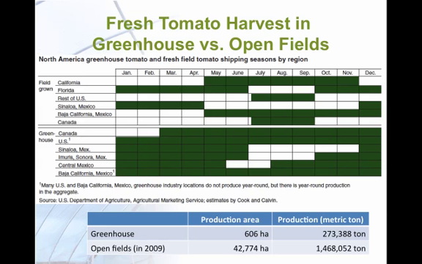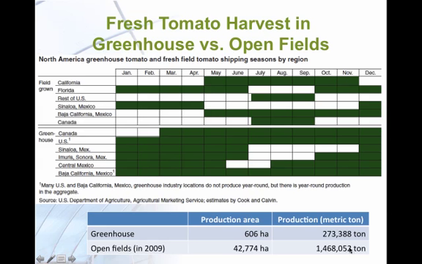So earlier in this presentation, you learned that tomato accounts for the largest area of greenhouse production in the U.S. However, it's still a very small area compared to open field. Look at that production area, 606 hectares, and the open field total is 43,000 hectares. That means only 1.5%.